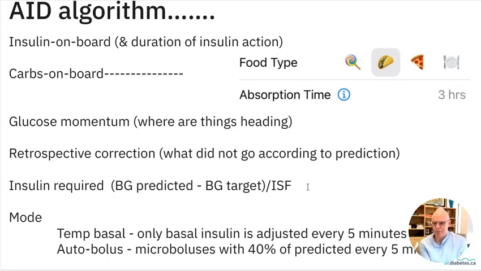With autobolus, a microbolus is given every 5 minutes with 40% of the insulin predicted to get the person to target at 30 minutes. So every 5 minutes the system recalculates how much is required and gives 40% of what it considers is necessary to bring the sugar to target in 30 minutes time.